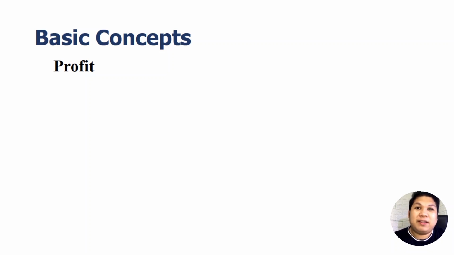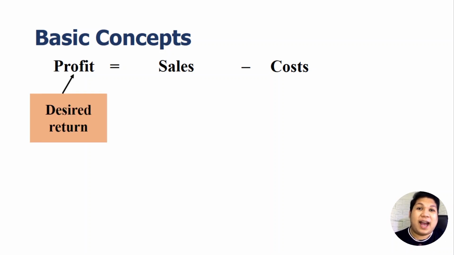So profit, mathematically speaking, is computed as sales less the costs. Profit is the remainder or the balance that we will get after we deduct costs and expenses from our sales or revenues.